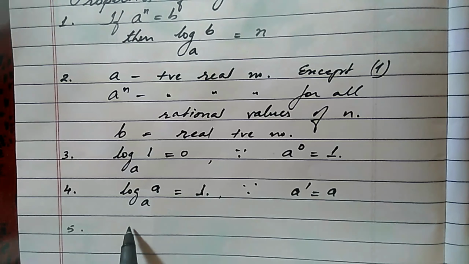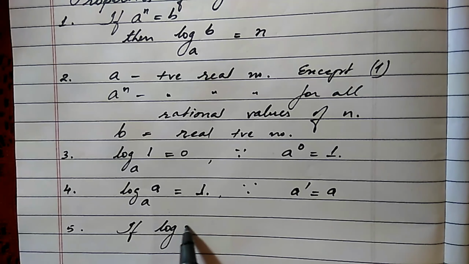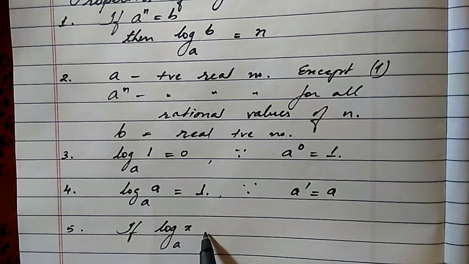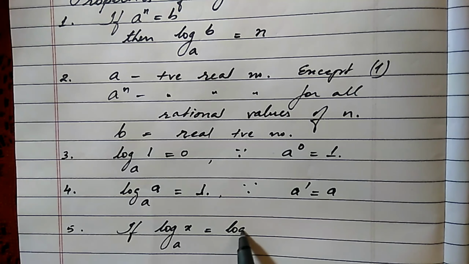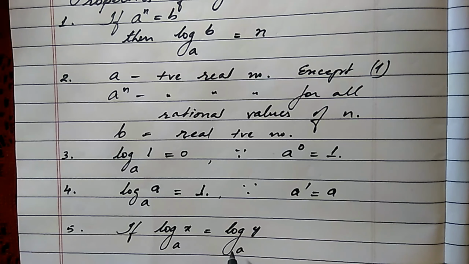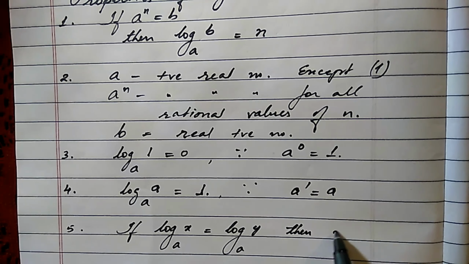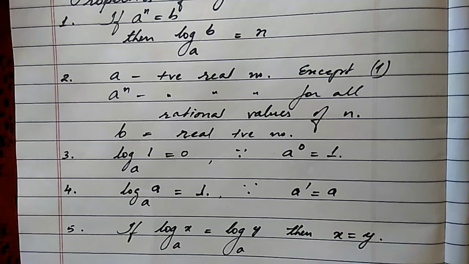Number 5. If two logs are equal with the same base, for example, if log of x with base a is equal to log of y with base a, the bases are the same and they are equal, then x is always equal to y.